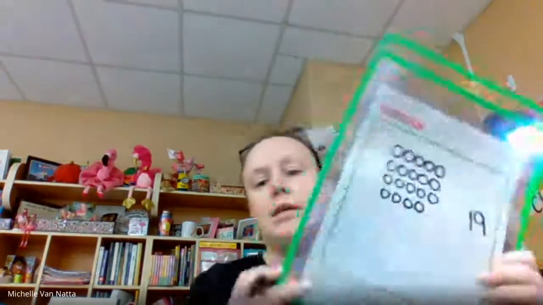I would just do circles, guys. So it should look like this. There's the number 19, and then there's the 19 oranges.